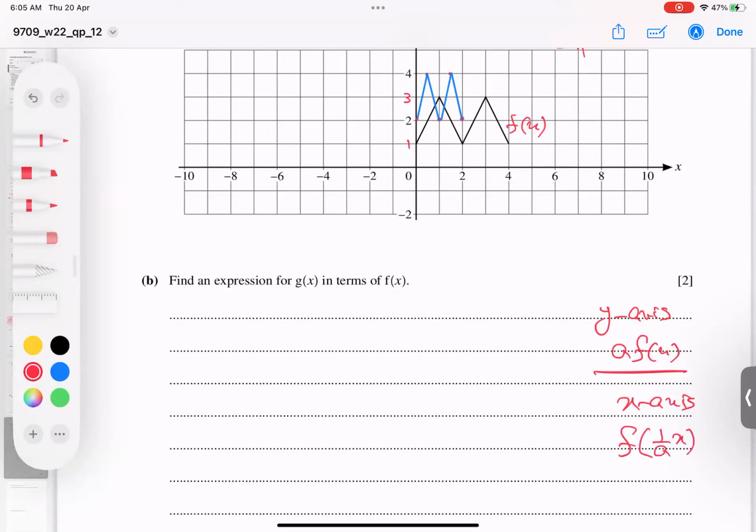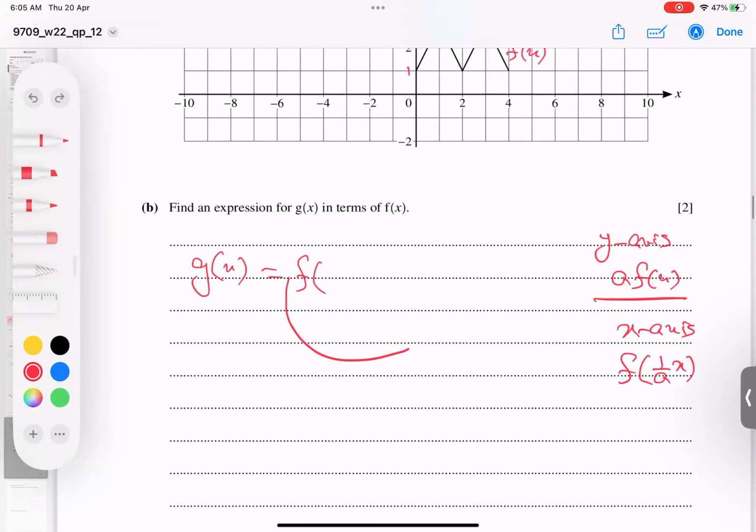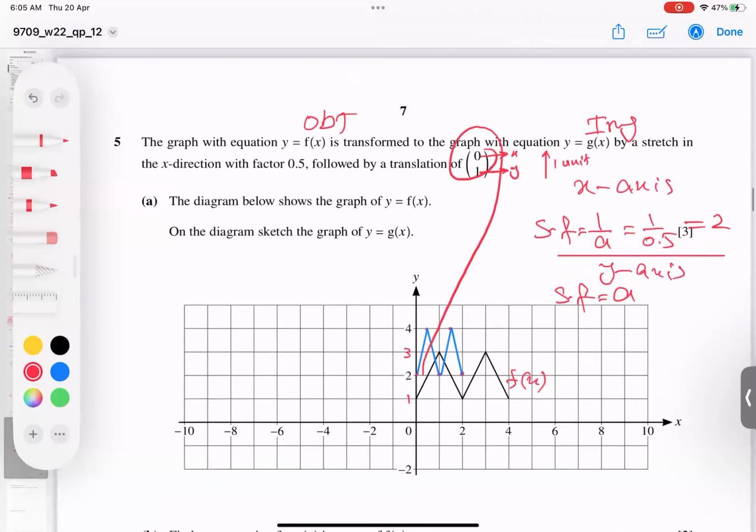So let's start. g of x equals, because it is a half, so double. So 2, I will not write outside, sorry, 2 inside. And now translation, so plus 1. Why plus 1? Because it is moving one box up.